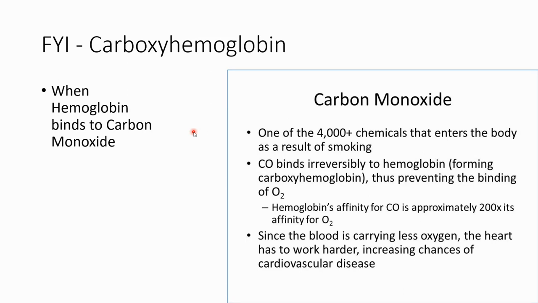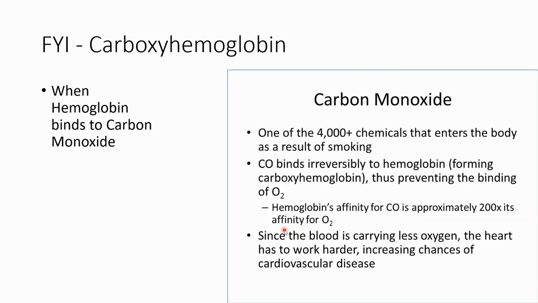And carbon monoxide loves to bind to the hemoglobin molecule, more so than the others actually. It has a high affinity. So if you look right here, hemoglobin's affinity for carbon monoxide is 200 times its affinity for oxygen. So what that means is, if your hemoglobin molecule has a choice of binding to carbon monoxide or oxygen, it's going to pick carbon monoxide.